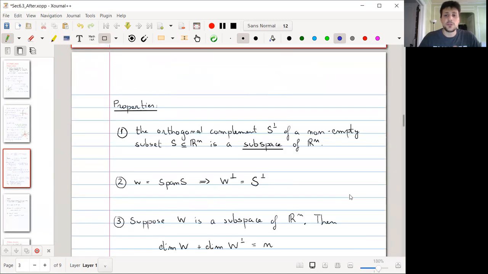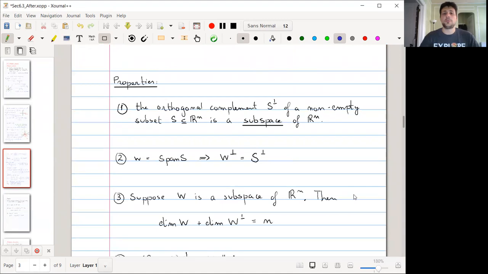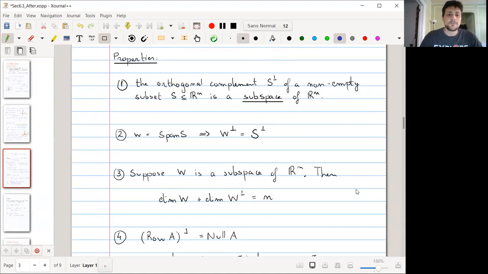Let me conclude this video with a few properties of orthogonal subspaces. I'll just comment on them very briefly, and some of them will show up again in a workshop soon. Let's have a look at them. Well, first of all, this first one is maybe the most crucial one.